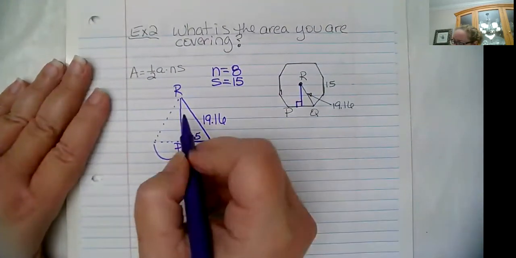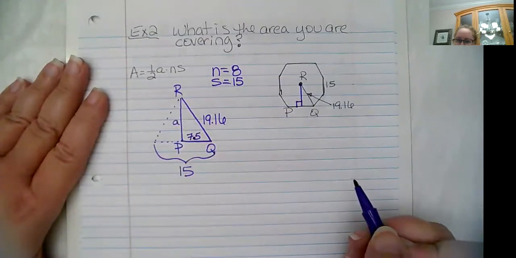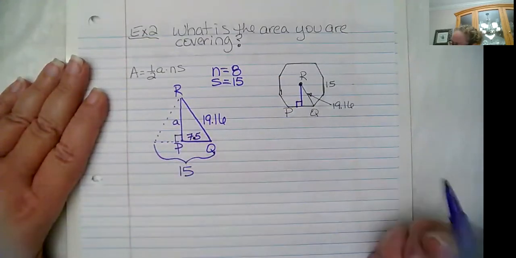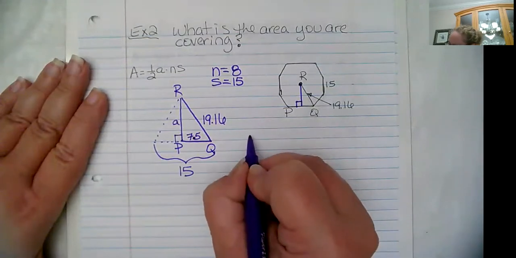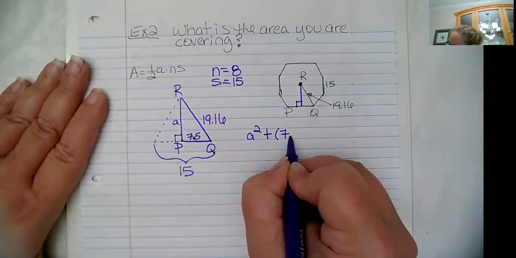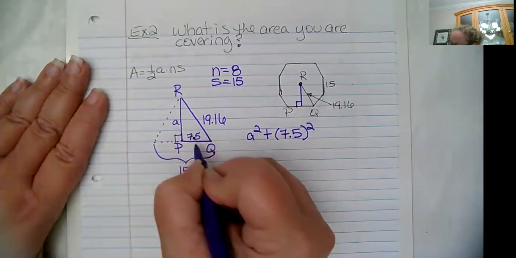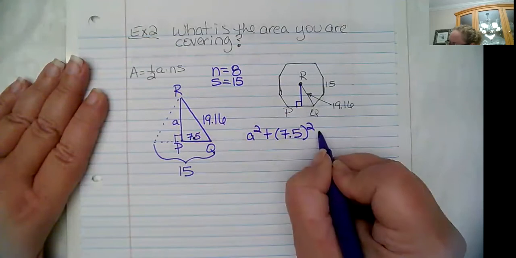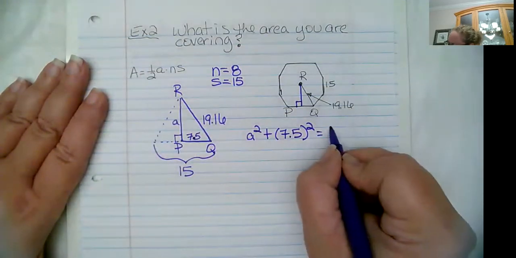Okay, so we're going to solve for our apothem. This is 90 degrees. So we're going to use the Pythagorean theorem. A squared plus 7.5 squared. Remember, it's always the legs on the left, and that's equal to the hypotenuse squared.